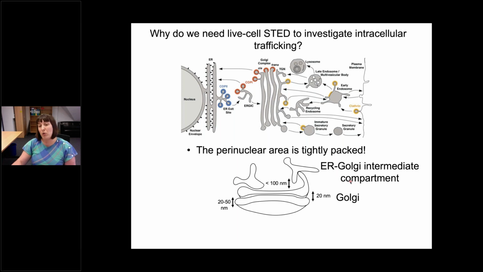To show you an example of the distances we're talking about, we're trying to understand how the Golgi intermediate compartment, which is the sorting station in between the ER and the Golgi, is interacting with the neighboring organelles. The Golgi intermediate compartment is only 100 nanometers or less away from the Golgi, and the different pancakes of the Golgi stack are less than 20 nanometers away from each other and only 20 to 50 nanometers in size. So this gives you an idea of why we need super resolution.